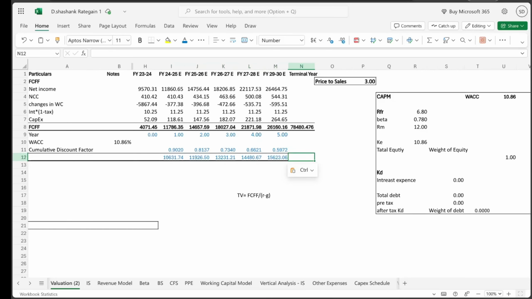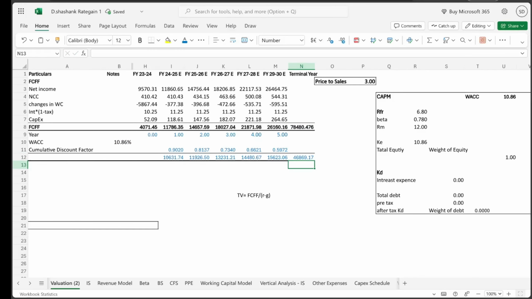So now we have to discount our terminal value. There are two ways to discount our terminal value. The first method goes like terminal value divided by 1 plus WACC raised to the number of periods we have forecasted our free cash flows.